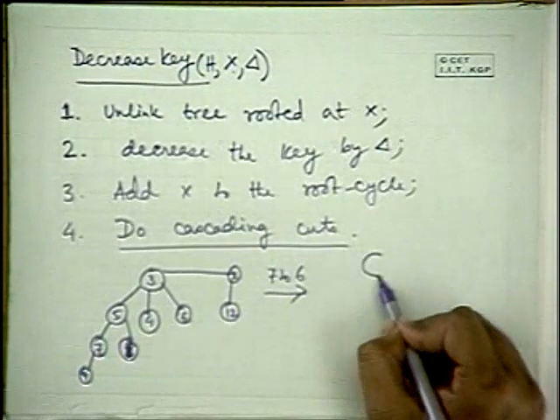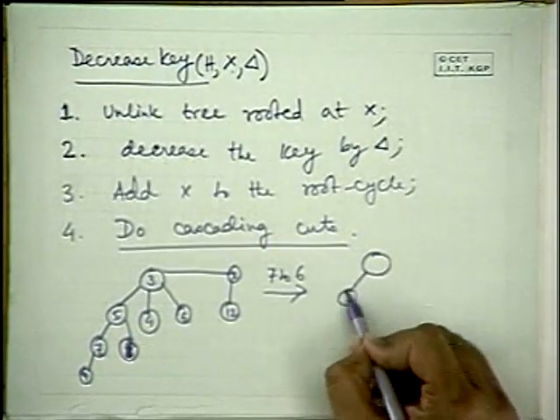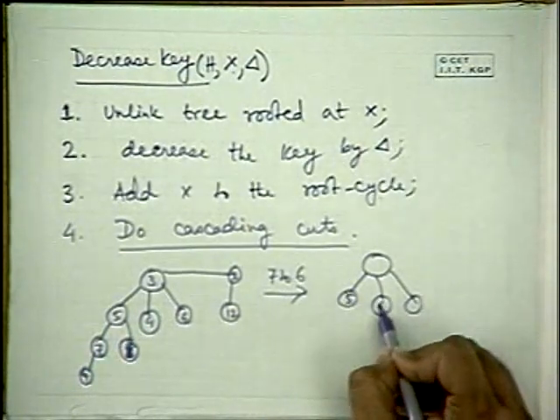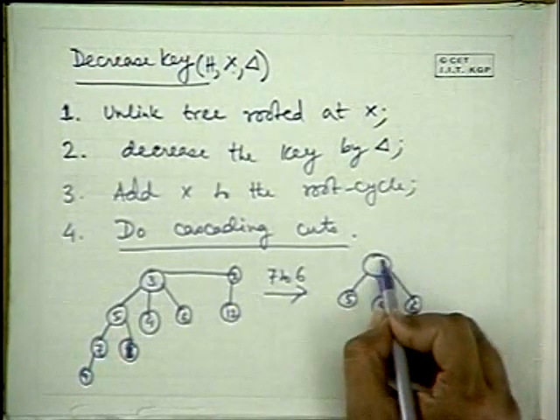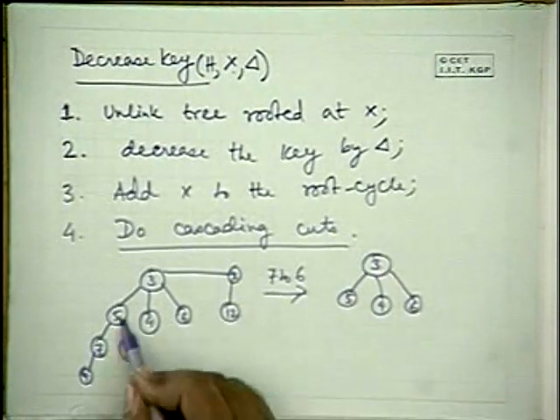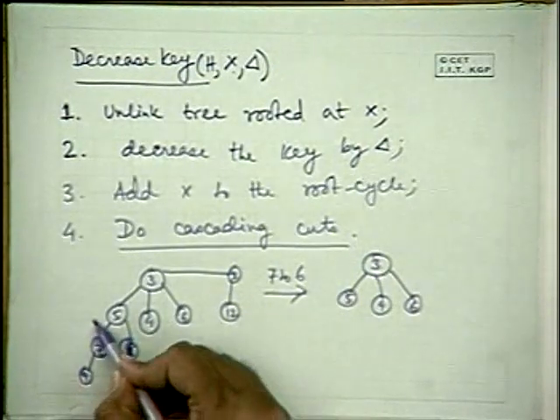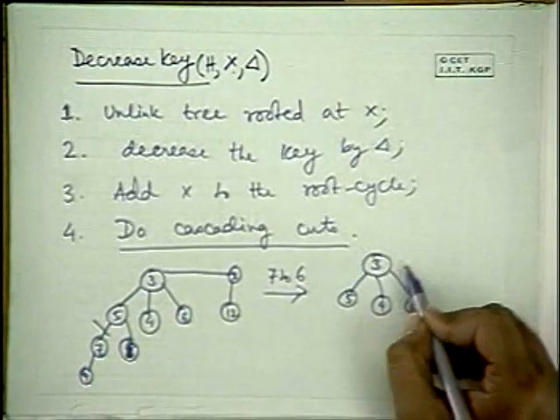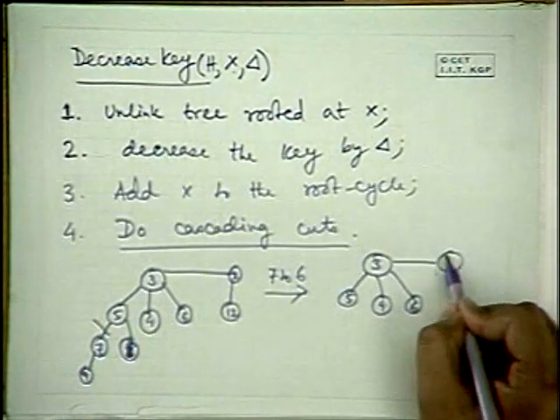Ultimately the tree looks like this. 5, 4, 6, this is 3. So basically it is cut from here and goes to the root cycle now.